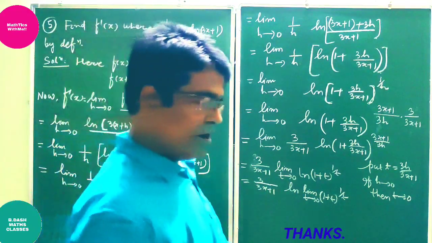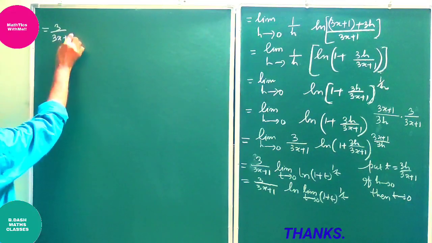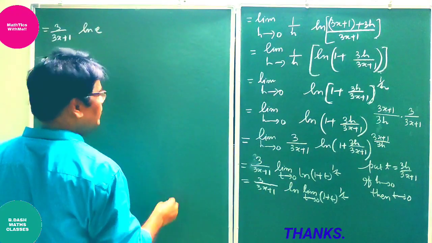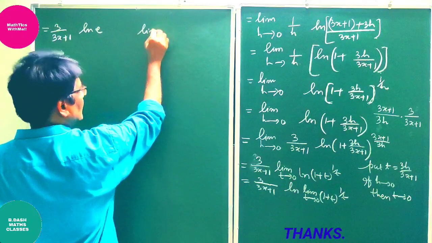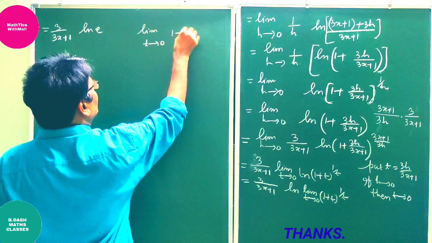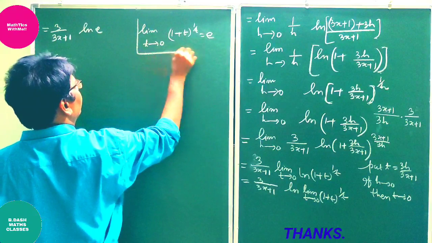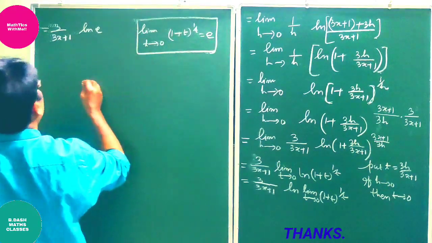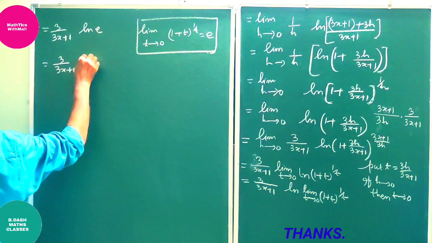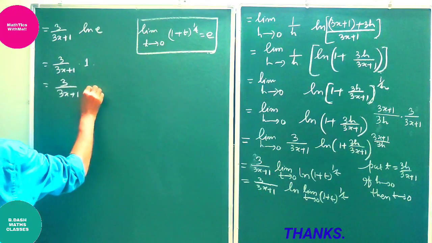So then this is equal to 3 by 3x plus 1 ln e, because the limit as t tends to 0 of (1 plus t) to the power 1 by t is equal to e. So this is equal to 3 by 3x plus 1 times ln e, which is 1. So 3 by 3x plus 1 is the answer.